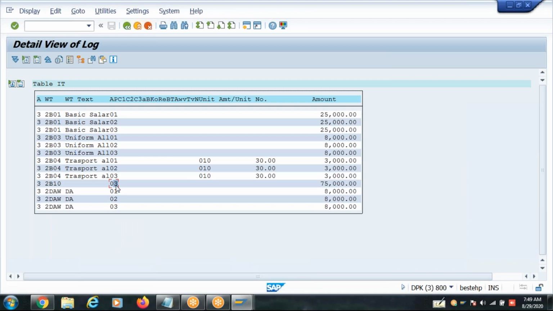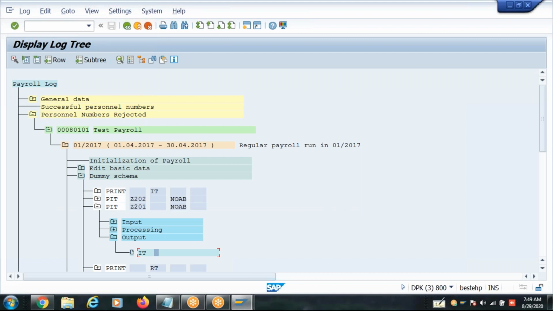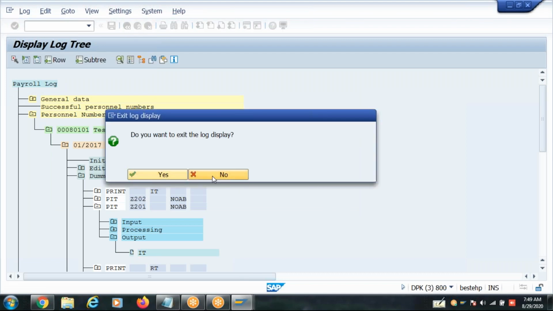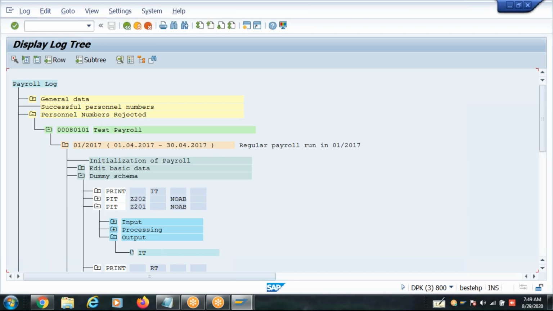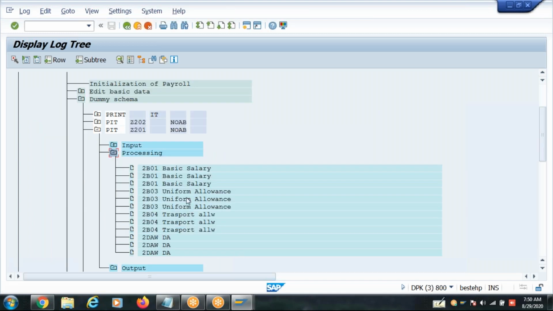Okay. So what it is doing? It is overwriting the indicator to the latest split indicator.